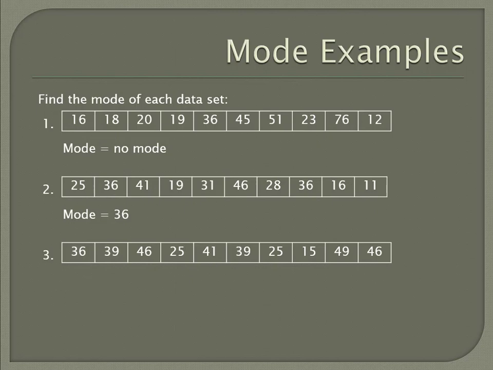The data set is 36, 39, 46, 25, 41, 39, 25, 15, 49, and 46. If you look through, I definitely see 25 and 46 occurring twice, but it also looks like 39 occurs twice as well. So there are 3 different modes: 39, 46, and 25.